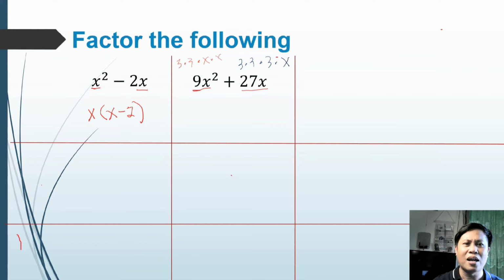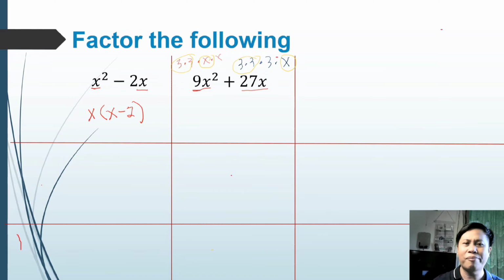So, you look at that. Ano yung kanilang common between the two? Parehas silang may dalawang 3 at saka may isang x din. Ibig sabihin, 3 times 3, 9, times x, so 9x. So, ang kanilang greatest common factor ay 9x.